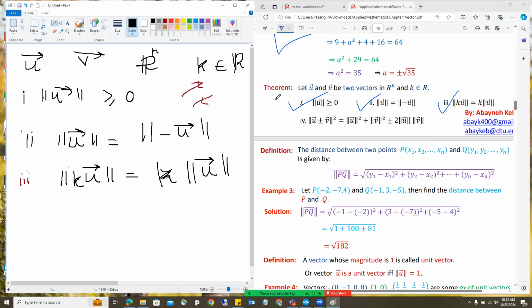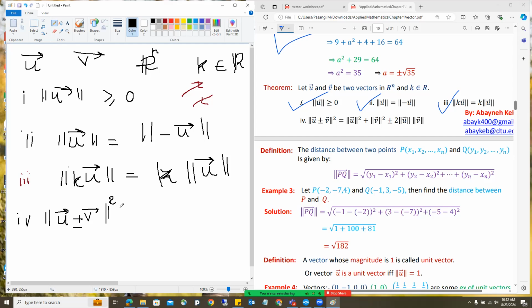Now what will happen? As the fourth one, we have vector u plus vector v, the magnitude of the addition of these two vectors. Either it can be the addition or else it can be the subtraction.